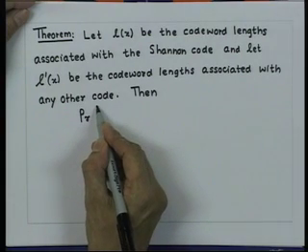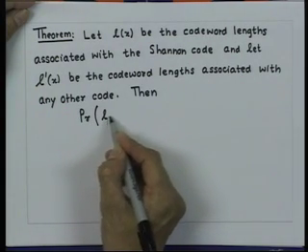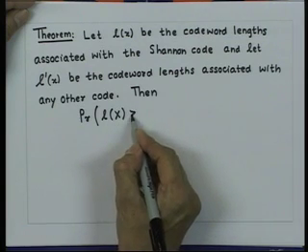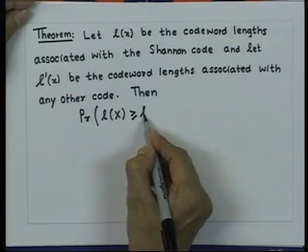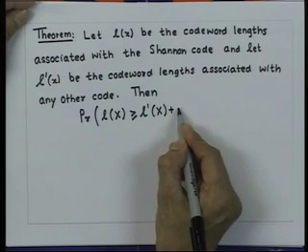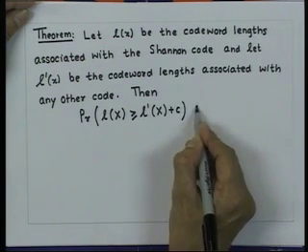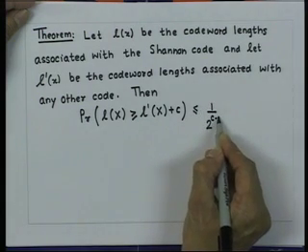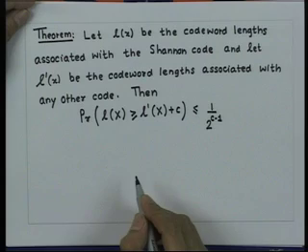probability of L x being greater than or equal to L dash x plus a constant c is less than or equal to 1 by 2 to the power c minus 1.